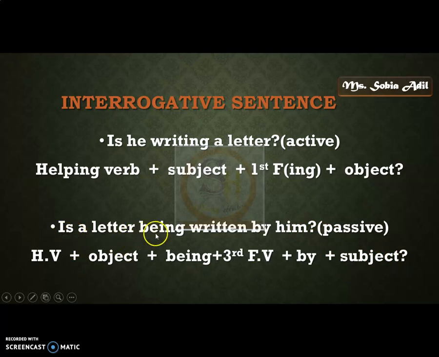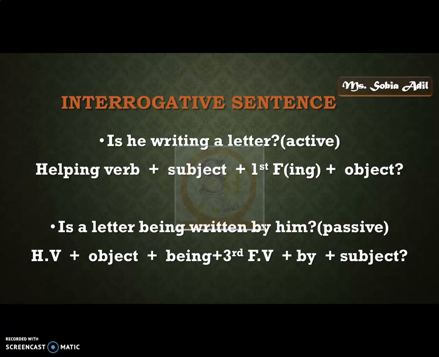So, is a letter being written by him? Question mark. This is the passive voice of this active voice, right? So these were the structures to change active voice into passive voice of present continuous tense, right?